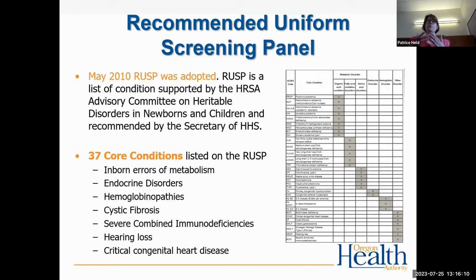The Recommended Uniform Screening Panel is supported by the HRSA Advisory Committee on Heritable Disorders in Newborns and Children, and all of the conditions have been recommended by the Secretary of Health and Human Services. So at present, there are 37 core conditions on the RUSP, and it is recommended that all states screen for these conditions. In later slides, I will describe the review process for how conditions are added to the RUSP.